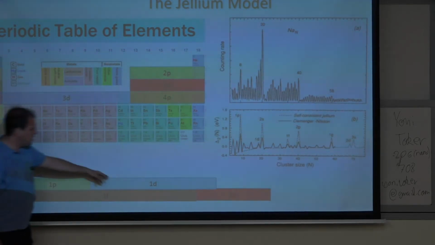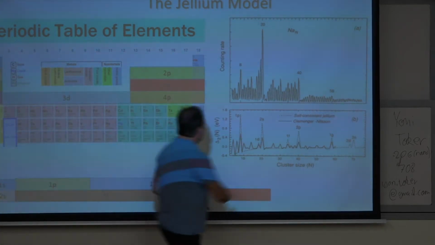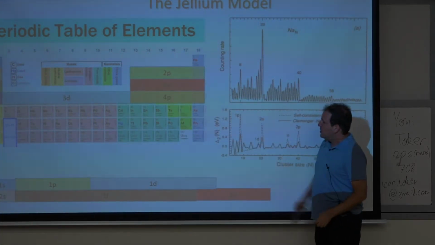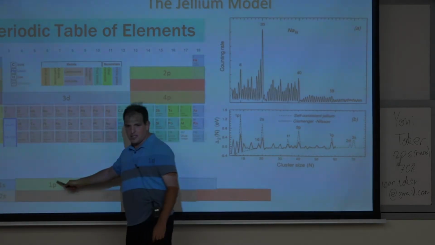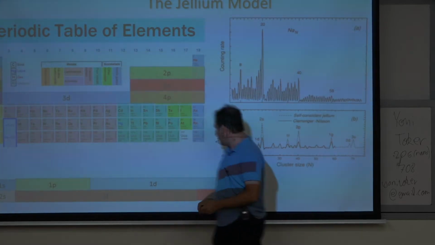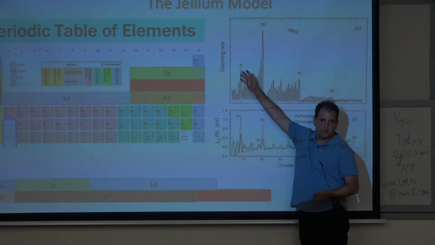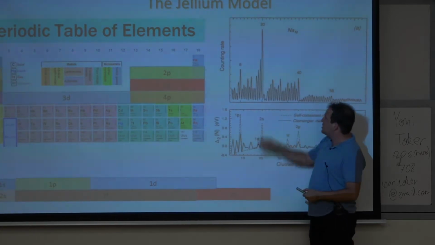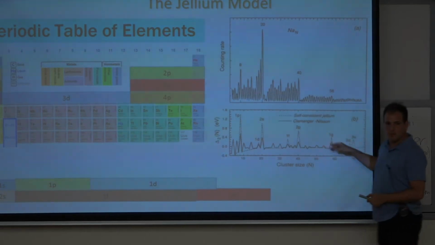And then 1d, and only then 2s. So the order of the shells is different, but it's the same shells, and you can see it. So when you close 1p, the first shell has 2, and then the second shell has 6. So when you close the second shell, you get 8 electrons. So the cluster of size 8 should be very stable. That's what you see in experiment. And so on. So 20 will be the closing of 2s, and so on.